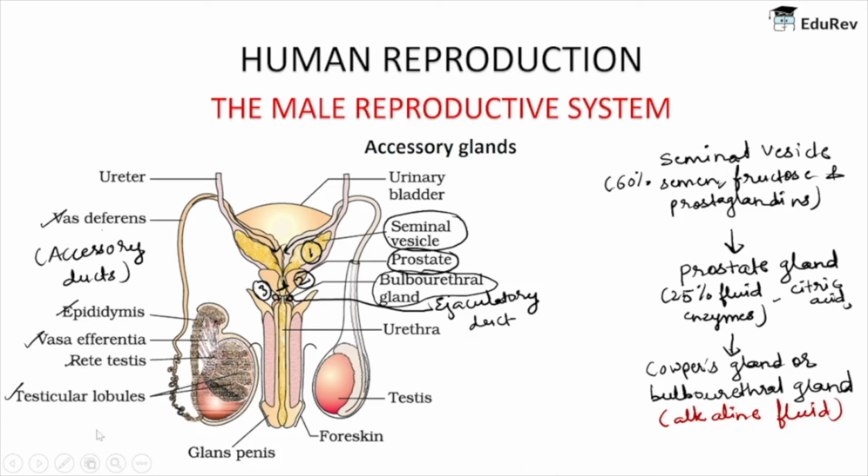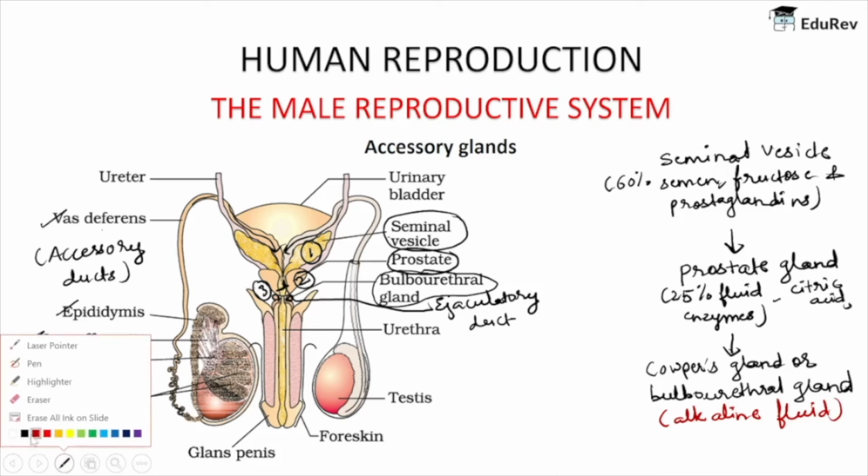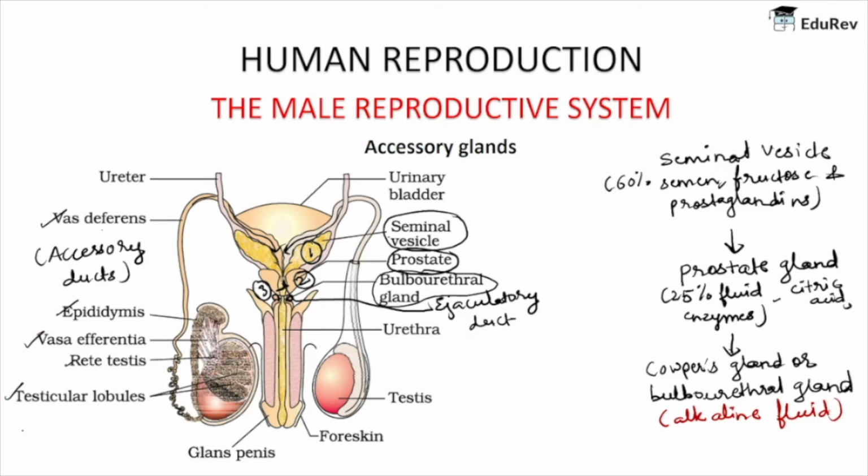It releases the alkaline fluid because we know that sperm has to enter inside the vagina of a female for further reproduction or further fusion of the ova and sperm. But we also know that because there is a presence of urine inside the vagina of a female, it might cause damage or might kill the sperm inside its environment.